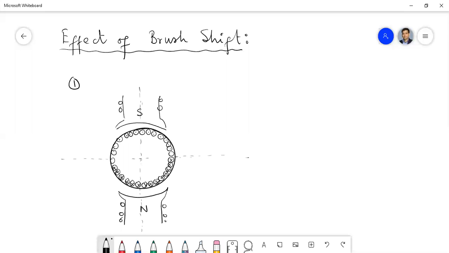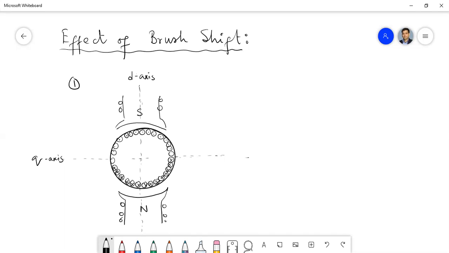Quadrature axis, the perpendicular one. So this one is quadrature, perpendicular to the pole. And this is the direct axis.